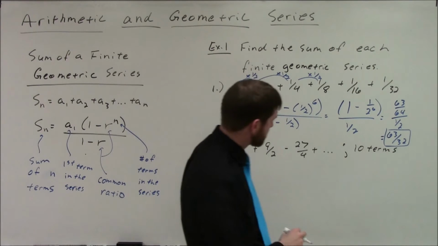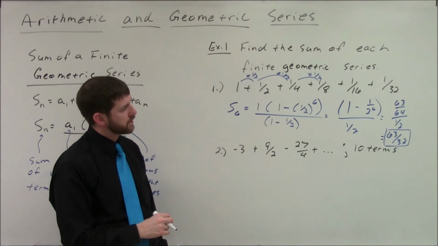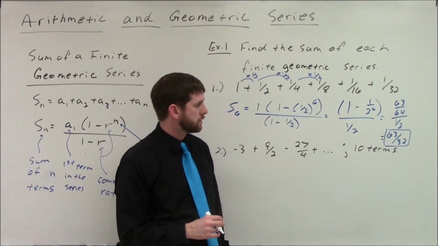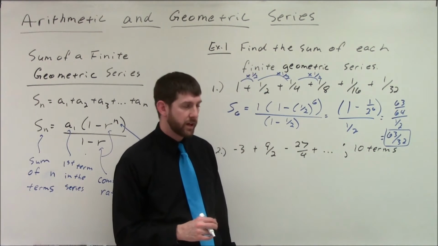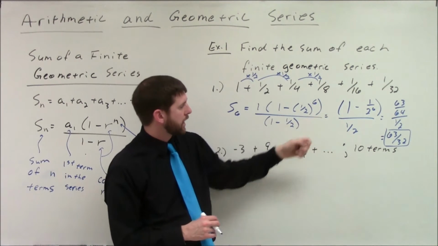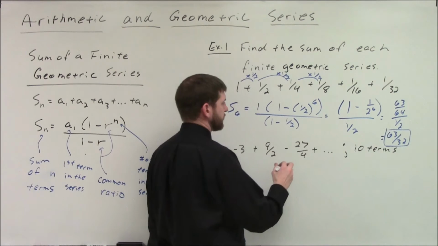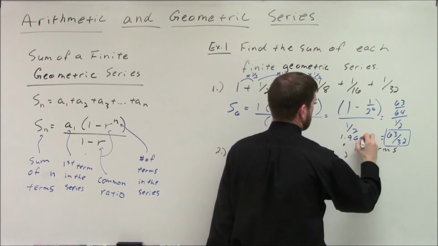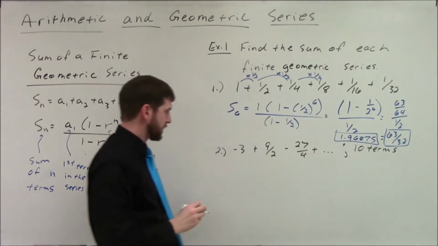So half divided into 63 over 64 is 63 over 32. If you had punched all that in the calculator, you would get 1.96875. So either one of those are acceptable answers in this case.